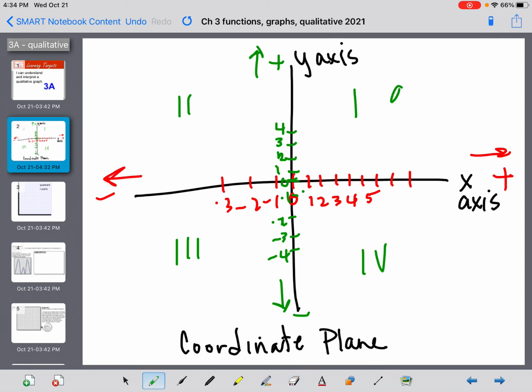It's quadrant because there's 4, right? So quad means 4. And we have 4 parts to this graph. So let's start there. That's kind of what we started with when we were graphing.